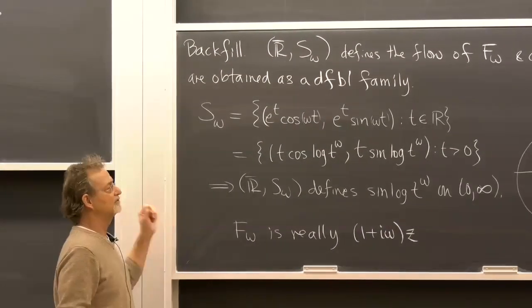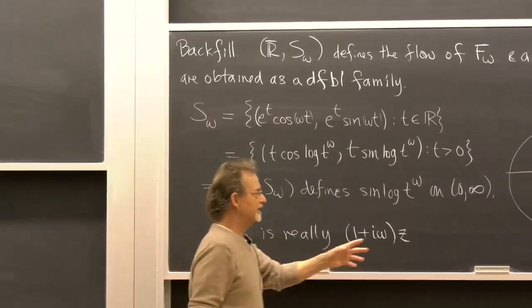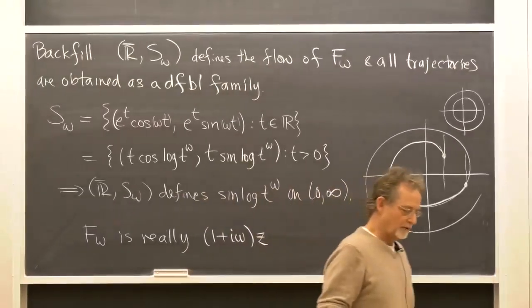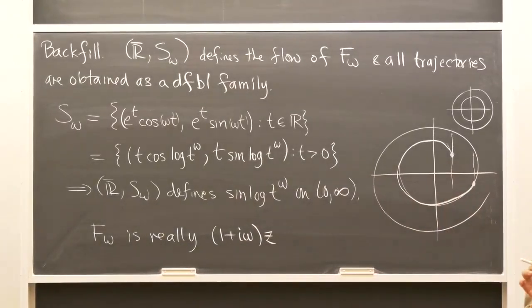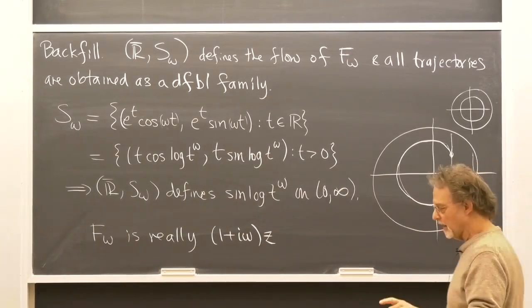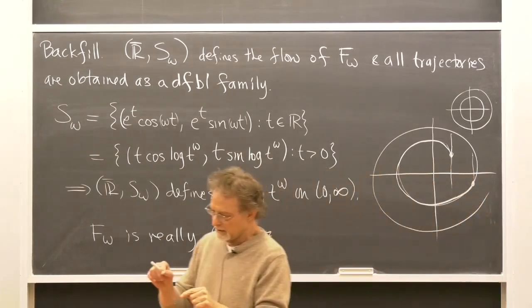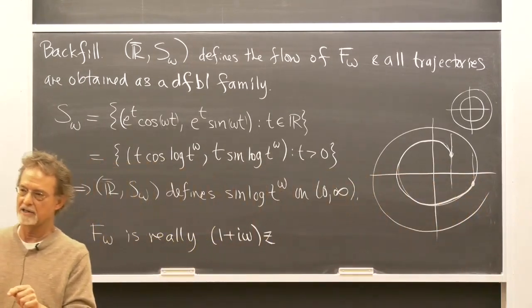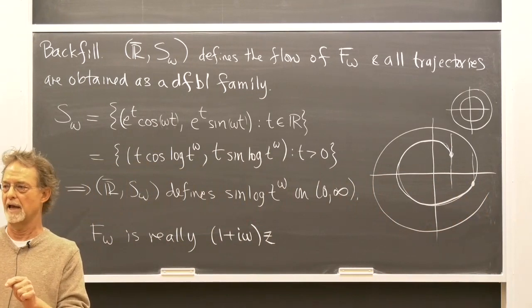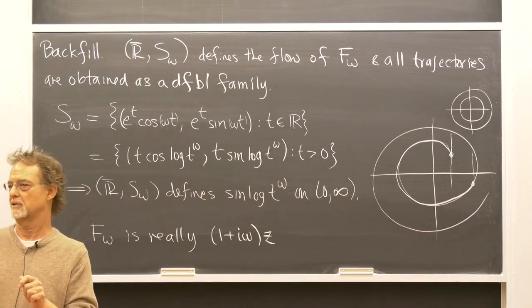I don't know of any particular name for this importance of the injectivity of the distance to the origin, allowing us to really define the oscillation, if you will, the angle.